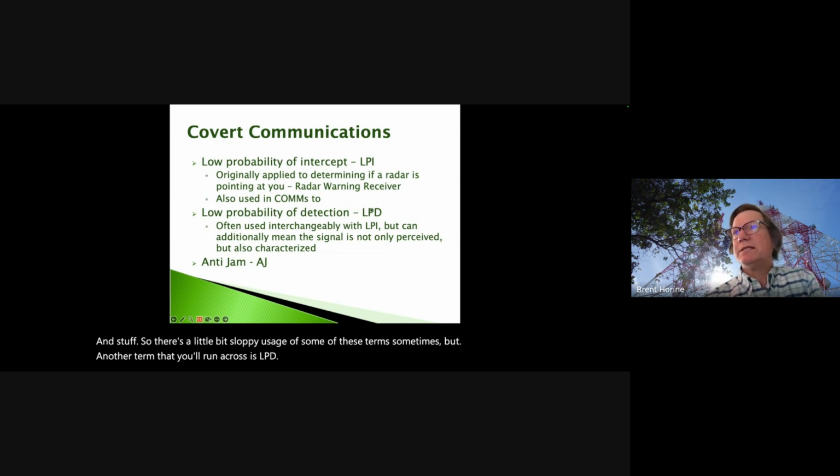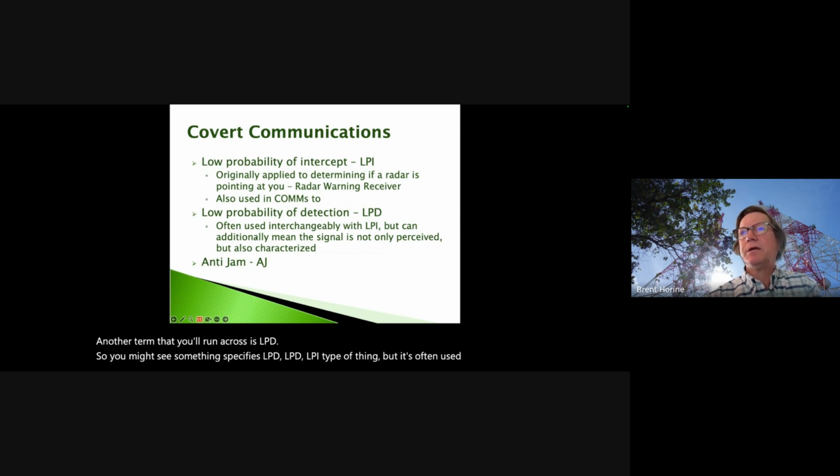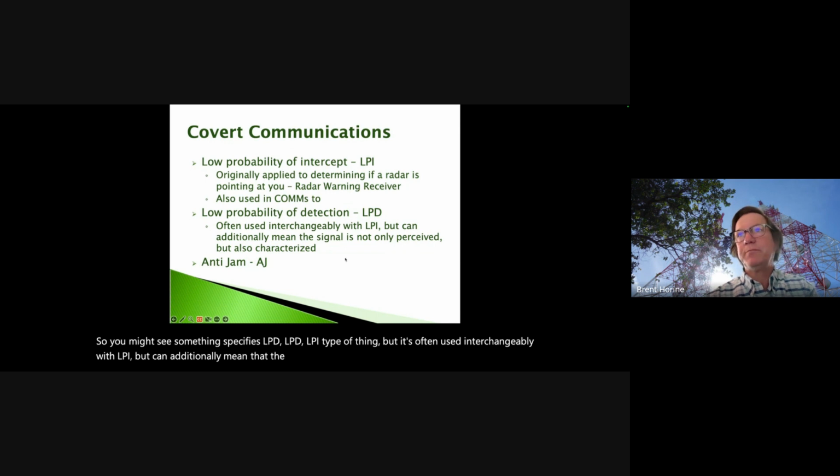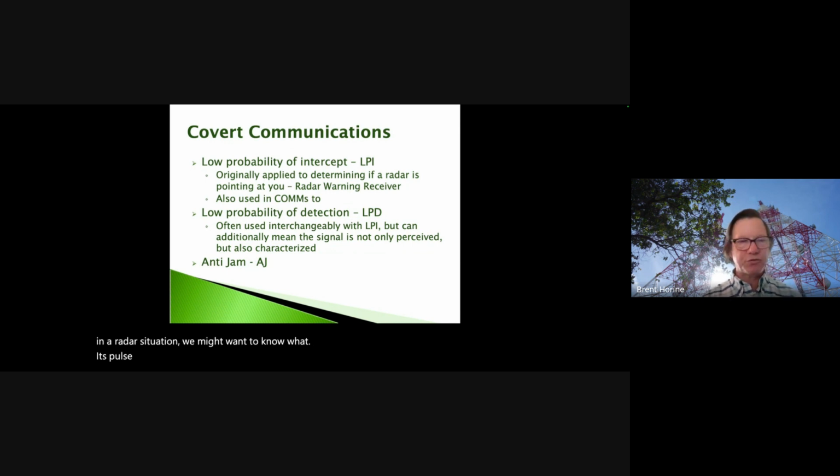So you might see something specifies LPD, LPI type of thing, but it's often used interchangeably with LPI, but can additionally mean that the signal is not only perceived, but also characterized, right? So in a radar situation, we might want to know what its pulse width is, what its pulse repetition rate is, what its frequency, what its power, what its maybe antenna rotation rate is.